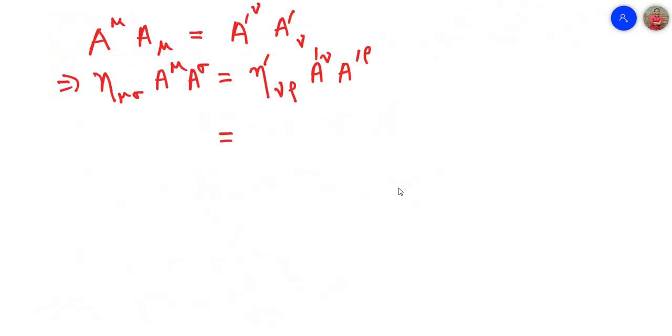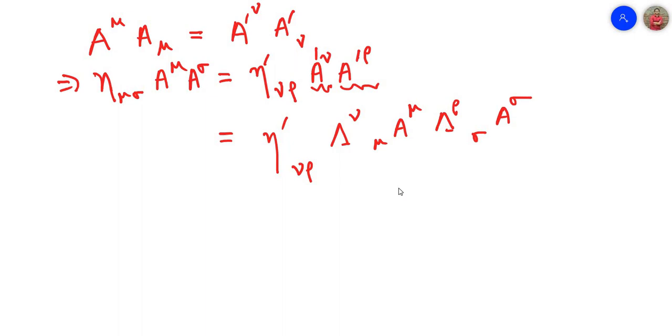Under the Lorentz transformation, instead of a prime mu we write lambda mu nu a nu, and instead of this one we write lambda rho sigma a sigma.